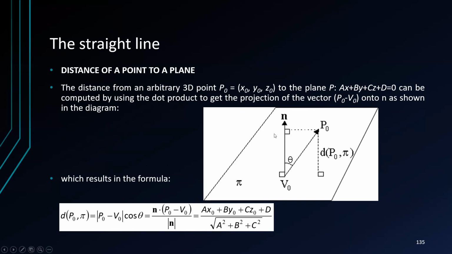Kung may projection na doon, yung distance na yan, yun yung shortest distance. D from P0 to the plane pi is P0 minus B0 times the distance, di ba? Cosine is equal to N times P0 B0 over the absolute value of N, which is equal to A times X0 plus B times Y0 plus C times Z0 plus D, divided by the square root of A squared plus B squared plus C squared. Yan.